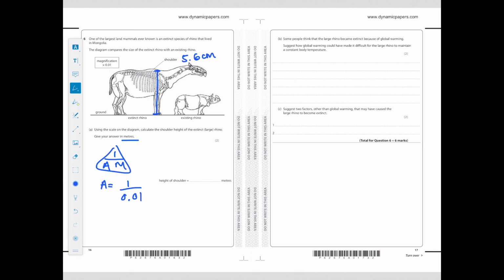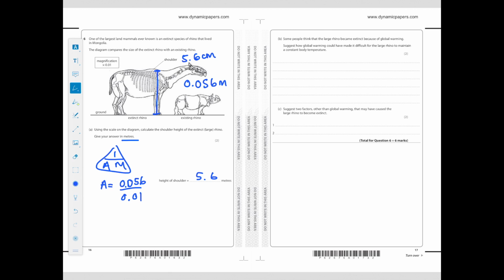Because they want the answer in meters, we need to convert that into meters by dividing by 100, so it becomes 0.056 meters, and then just pop that into your equation down here. And once you've done 0.056 divided by 0.01, you get an answer which is 5.6 metres.